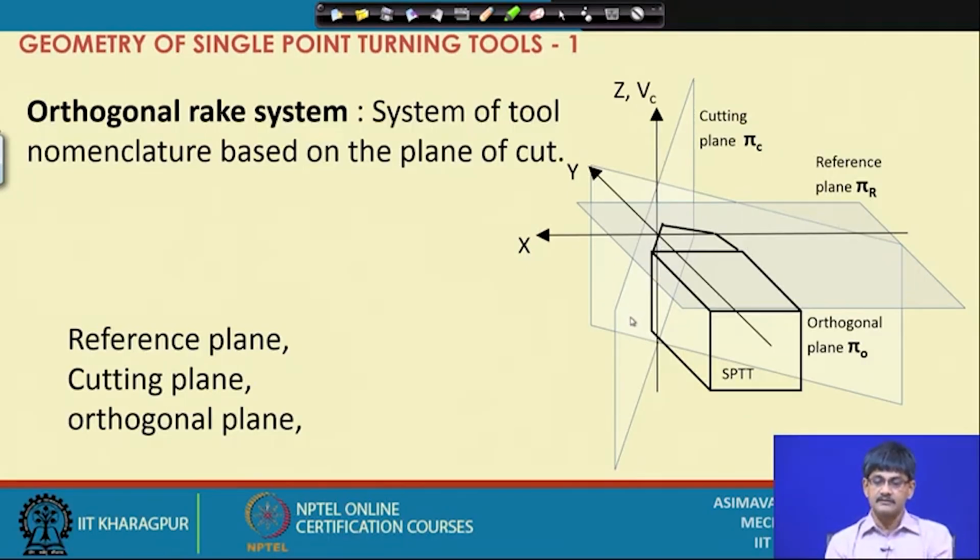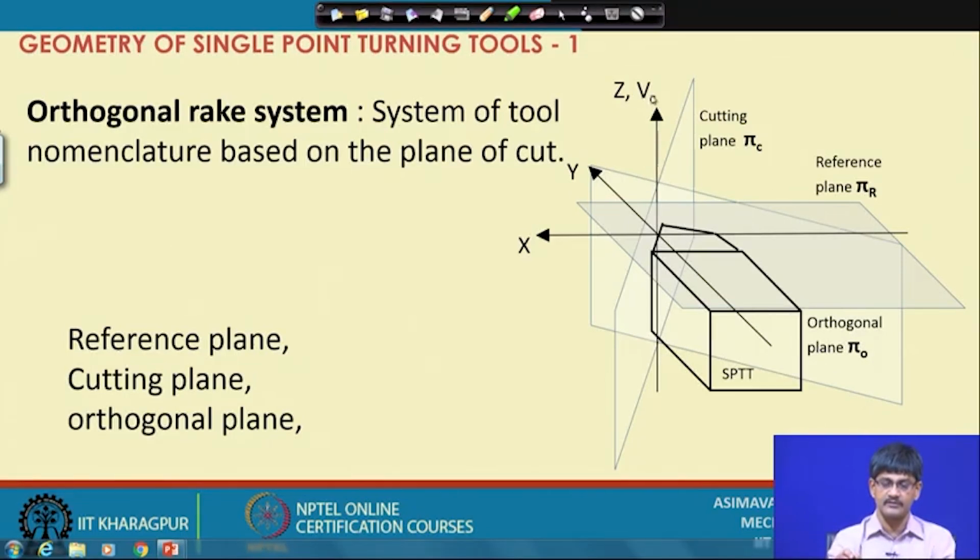What is the orthogonal plane? Orthogonal plane is perpendicular to the cutting plane and it is perpendicular to the reference plane. What is the reference plane? Just to remind you, reference plane is perpendicular to the velocity vector. So, this is the velocity vector.